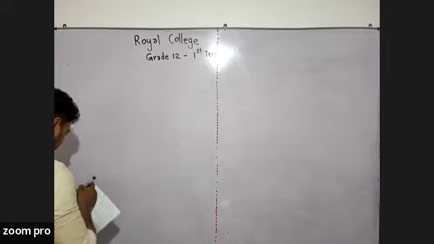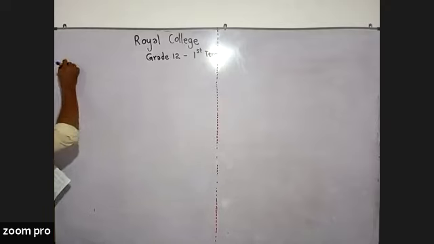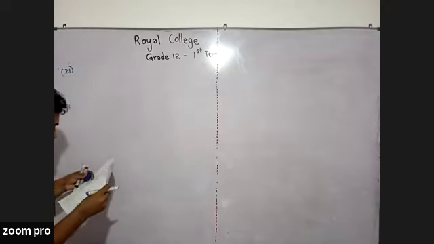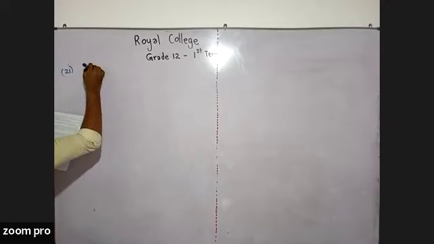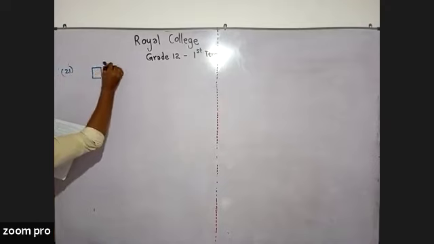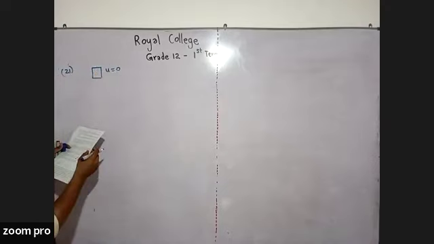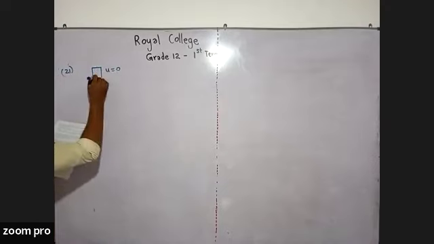In the 21st question, an elevator of a tall building starts from rest and travels vertically downwards.